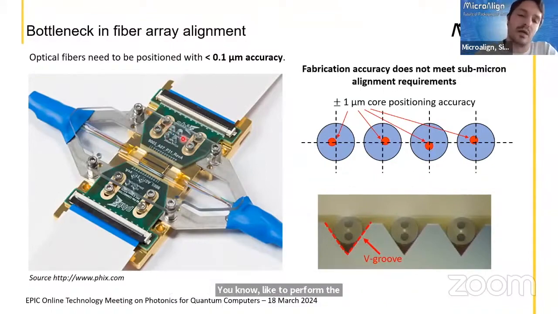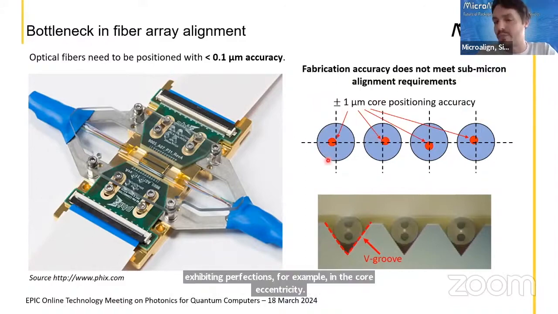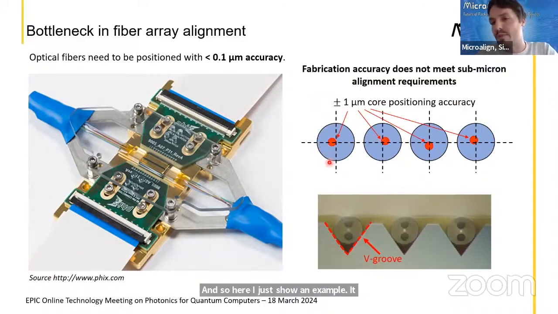in order to perform the quantum processing activity. And in case of 100 fibers, the standardly used technologies to make fiber arrays, which are usually based on V grooves, exhibit imperfections. For example, in the core eccentricity. So here I just show an example. It depends, of course, on the number of fibers.